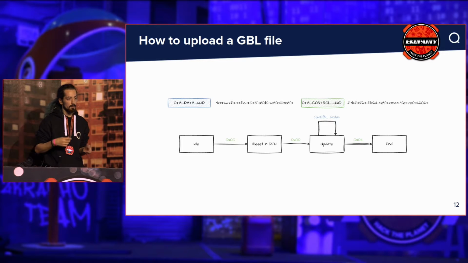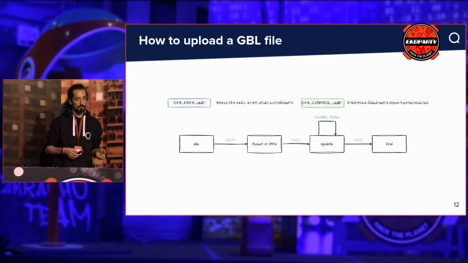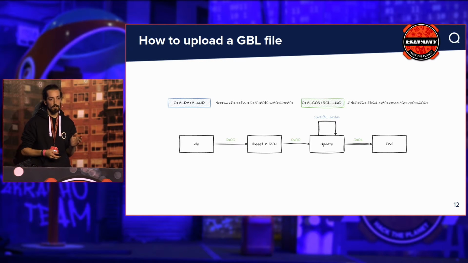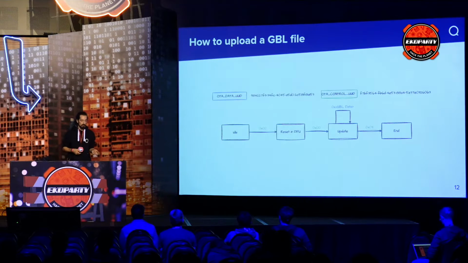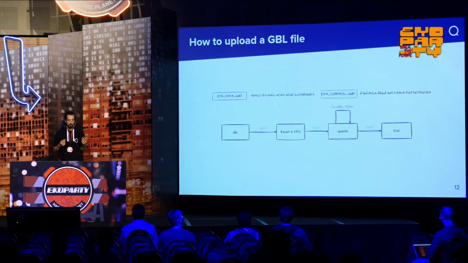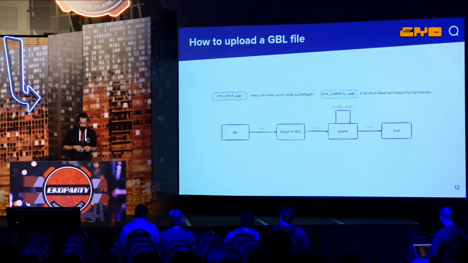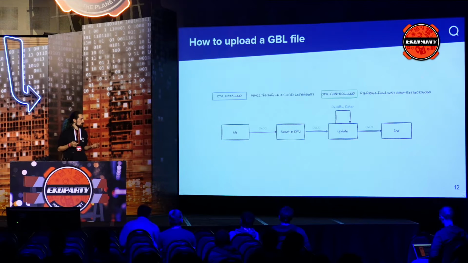In this mode, you can send your GBL file as chunks, because BLE packet sizes are really small, so you need to split your file and send it chunk by chunk. When you're done, you write 3 on the control characteristic to signify that the update ends. Then the chip will perform some verification to see if the file is correct. So that's about it for the update.